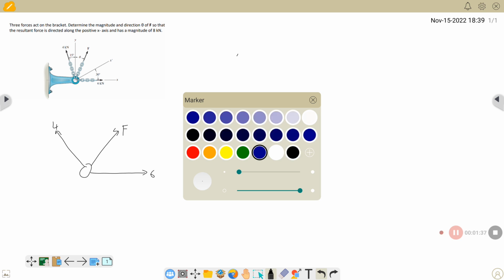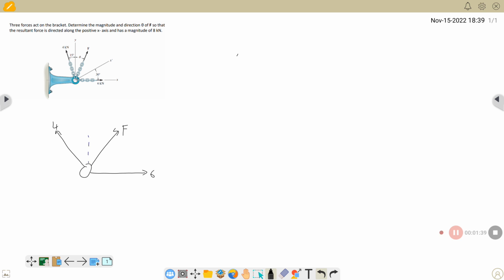Let's add some geometry to this. So we've got this angle with the vertical here, this angle with the vertical here, and we've got this x dash axis, with this 30-degree angle here. Okay, so I believe we've got everything we need in that diagram to help us solve the problem.